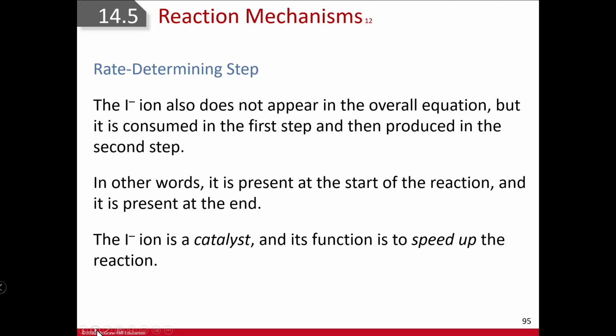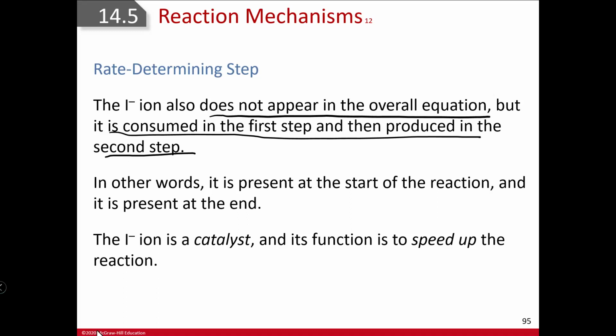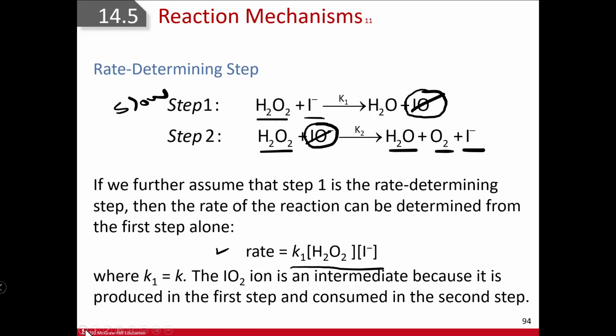So again, the iodide ion does not appear in the overall equation, but it is consumed in the first step and produced in the second step. So let's go back to the other slide just to show that. So notice the iodide is consumed here, but then it's reproduced here.